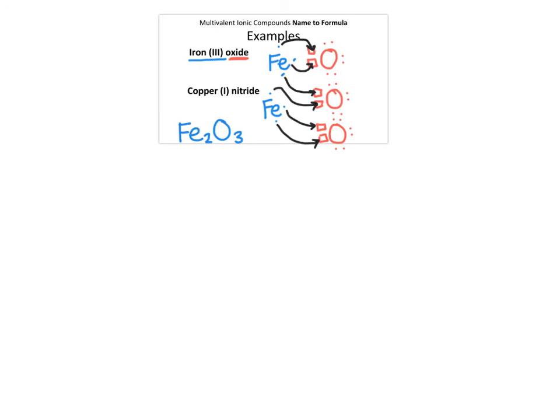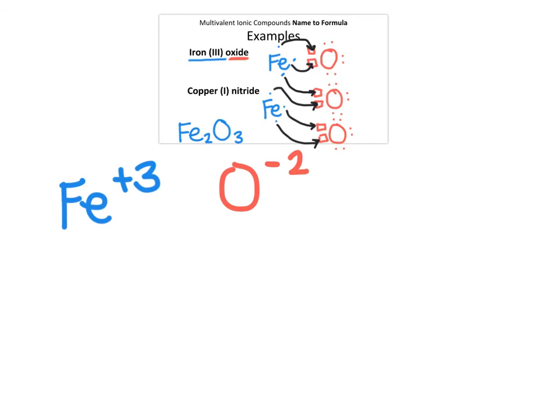If it gives up 3 valence electrons, our ion is going to be Fe plus 3. Oxygen, if we look back at our Lewis structure up here, has 2 empty spots it's looking to fill. That means it wants to gain 2 electrons. When it gains 2 electrons, it's going to have a charge of -2.